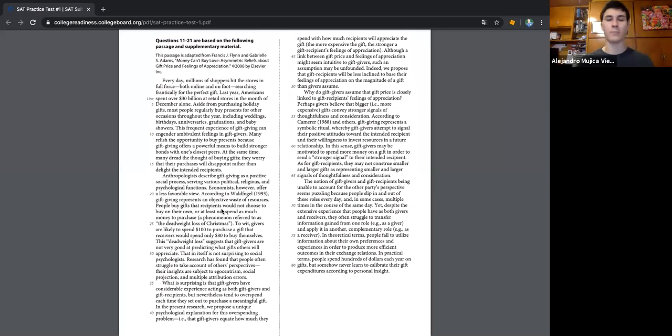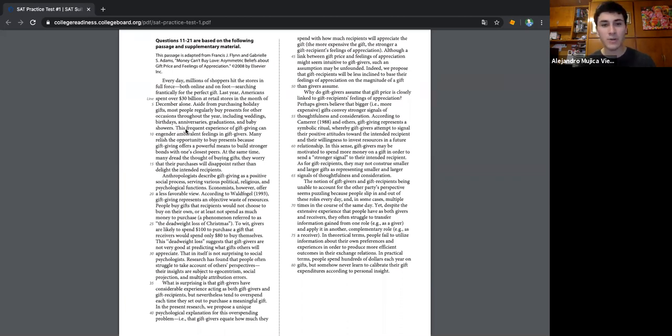Every day, millions of shoppers hit the stores in full force, both online and on foot, searching frantically for the perfect gift. Last year, Americans spent over $30 billion at retail stores in the month of December alone. Aside from purchasing holiday gifts, most people regularly buy presents for other occasions throughout the year, including weddings, birthdays, anniversaries, graduations, and baby showers.